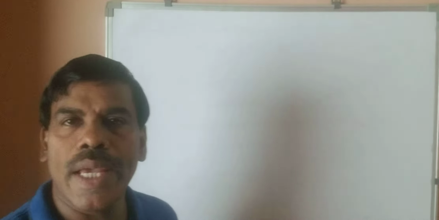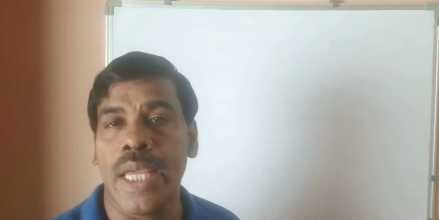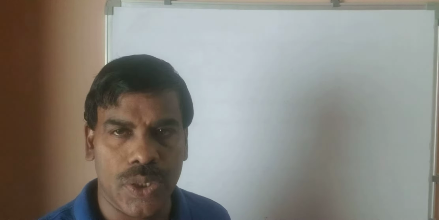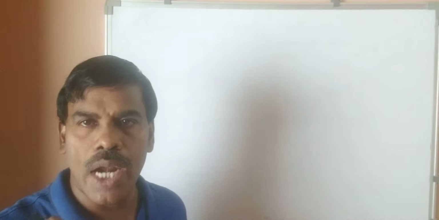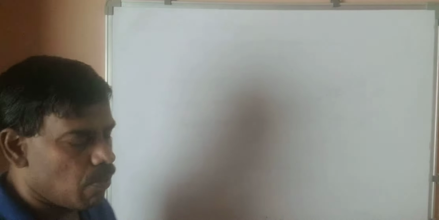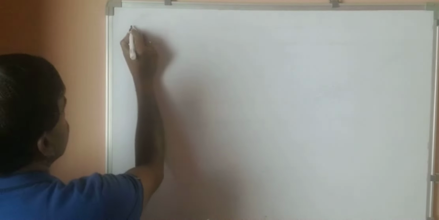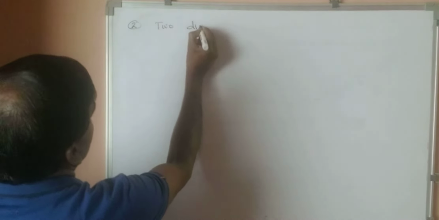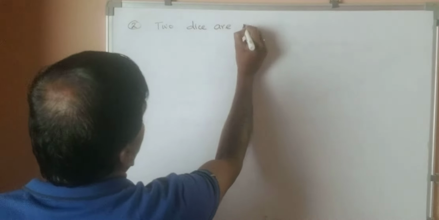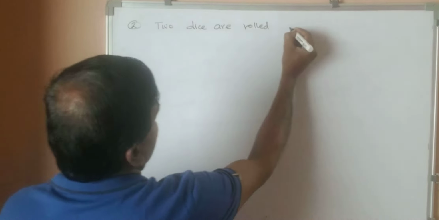Suppose 2 dice are rolled simultaneously. You are having 2 dice. Both are having faces 1, 2, 3, 4, 5, 6. Here also 1, 2, 3, 4, 5, 6. So now first of all we will find out the sample space. See, 2 dice are rolled simultaneously.